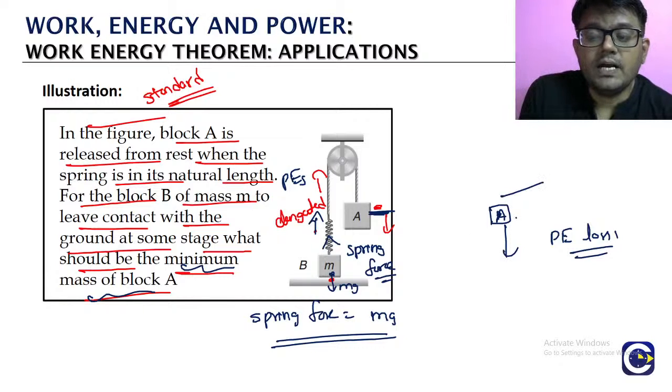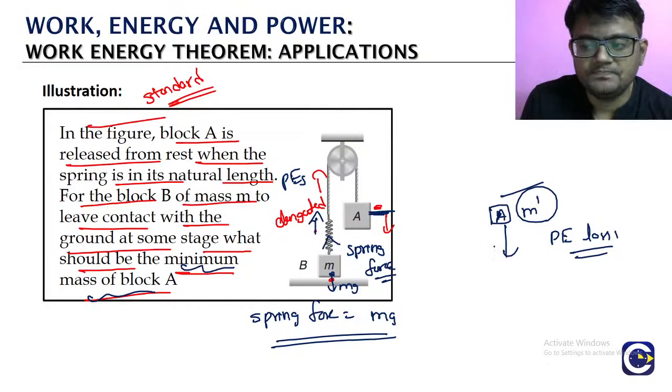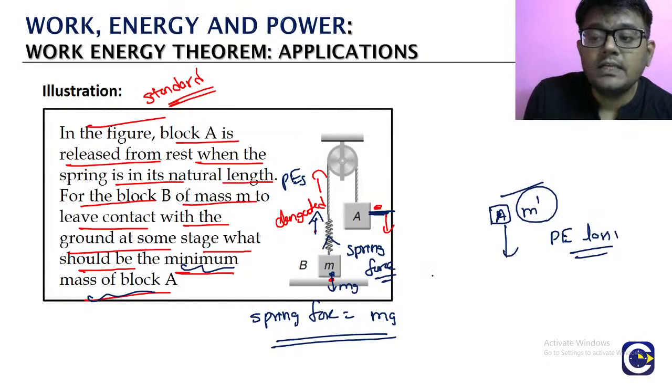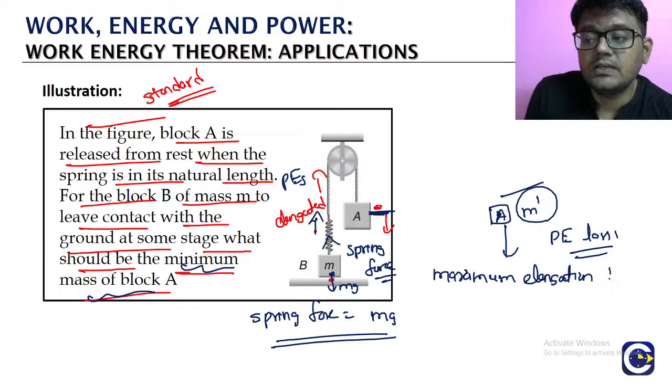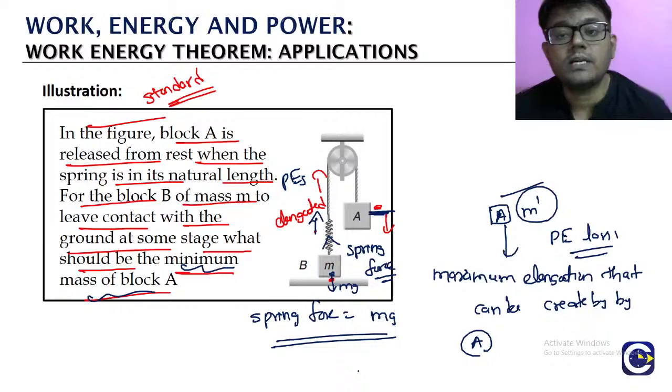As the block A goes down, it will create more and more elongation in the spring. For any mass, let us say block A has a mass of m dash, we are looking at the maximum elongation created by block A. What is the maximum elongation?